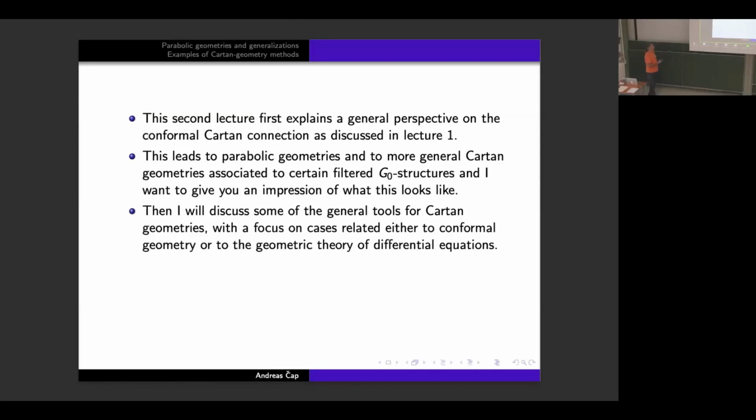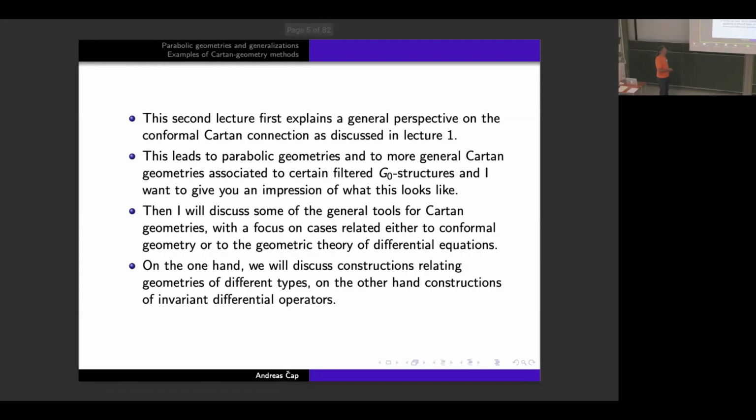Okay, and in the second part of this talk, I will discuss Cartan geometry methods, starting with geometrical methods, mainly relating Cartan geometries of different types. And again, as I announced yesterday already, I will focus on cases that are either related to conformal geometry or to the geometric theory of differential equations, to be close to the topics of this workshop.